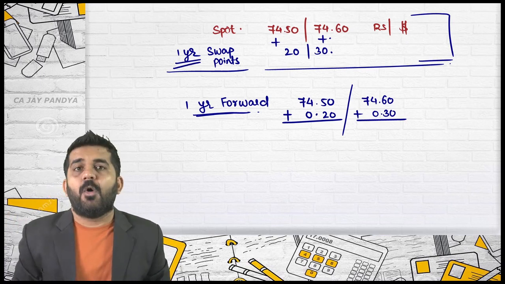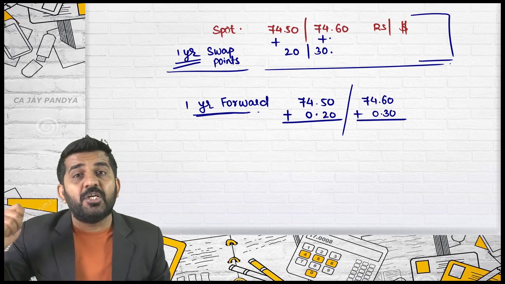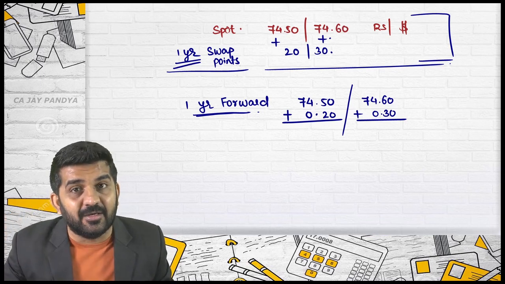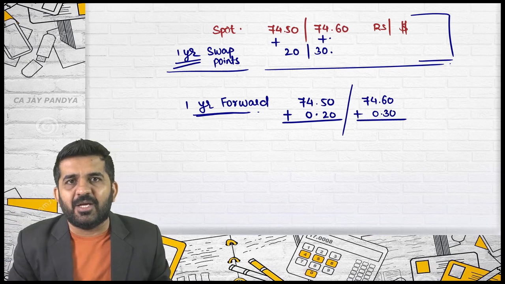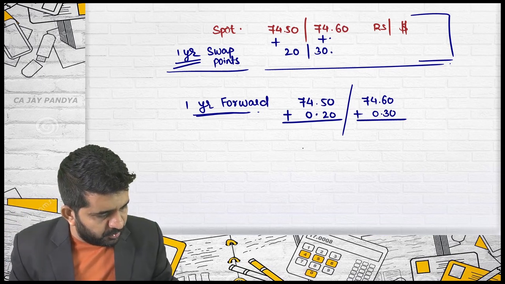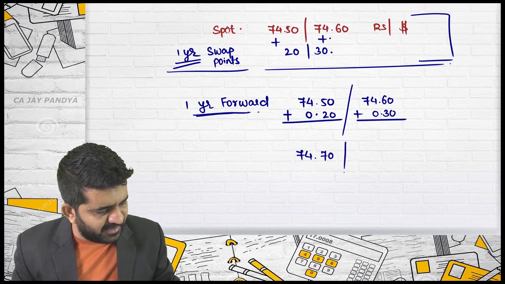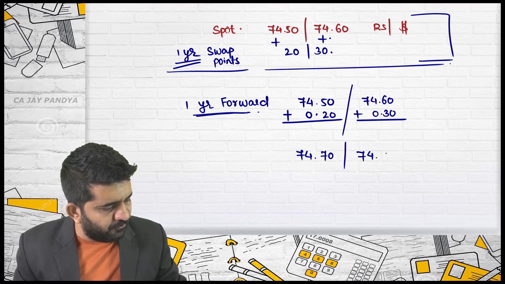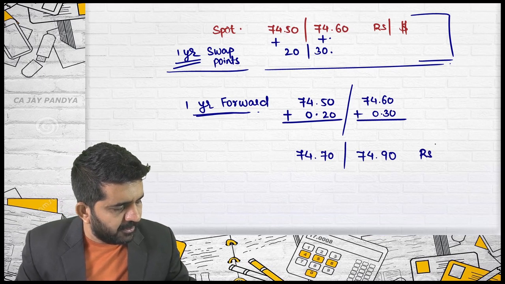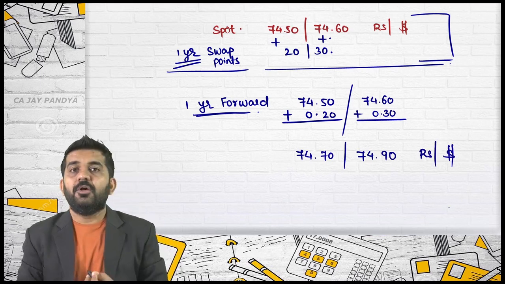These are 1 year swap points, and in 1 year, forward is not traded at 20 rupees higher. It is never traded in the market at 20 rupees higher. So the 1 year forward rate will be 74.70 slash 74.90 rupees per dollar. Alright.